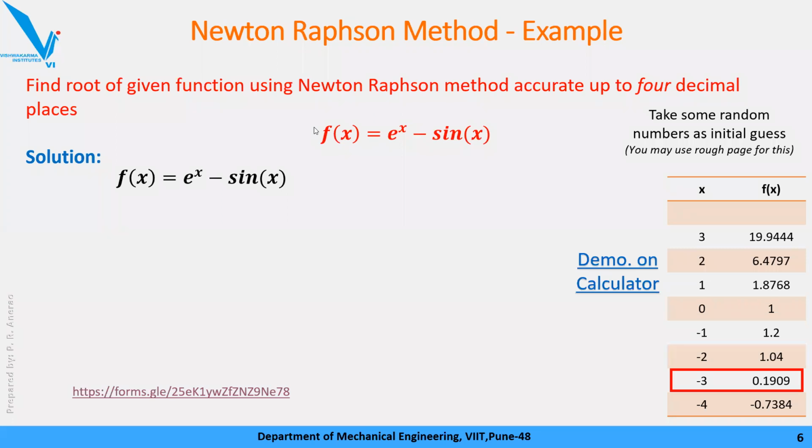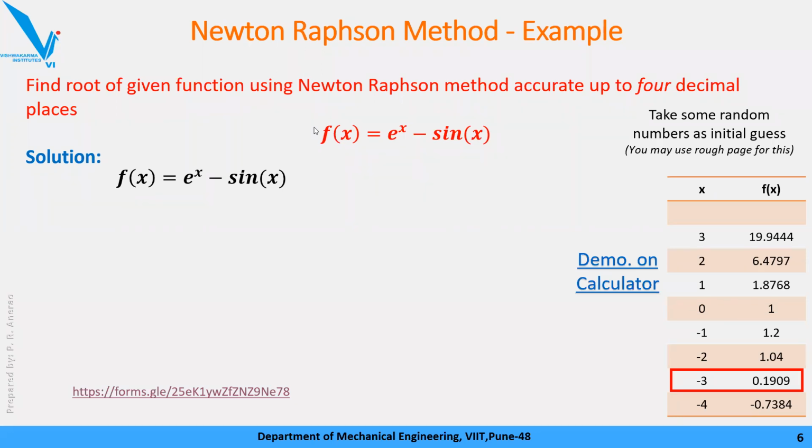Another query: what if f of x is positive, do we have to increase the x value? No, positive or negative doesn't matter, it should be close to 0. Even if the f of x you obtain is minus 0.19 or positive 0.19, it doesn't matter.